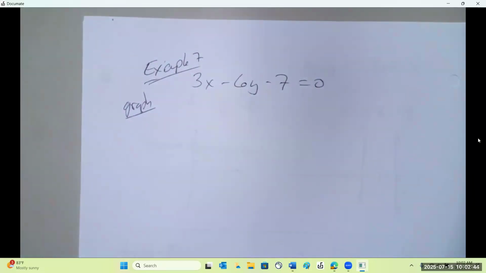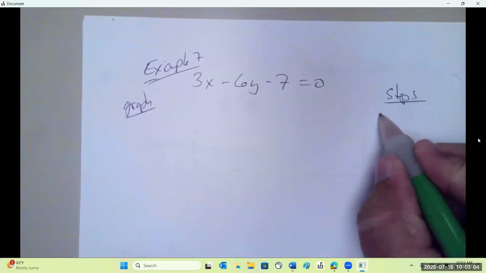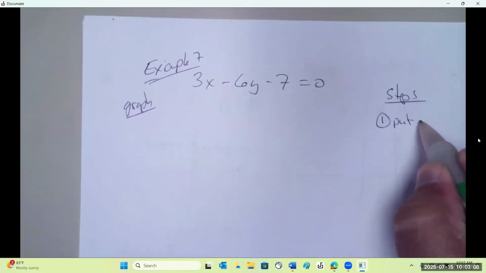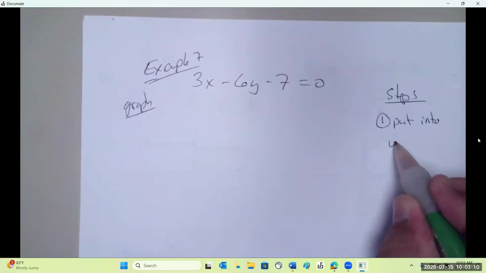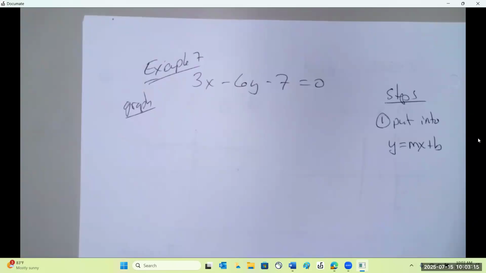Graph this one. Here are the steps. What's my first step? Put it into y equals mx plus b, or solve for y.